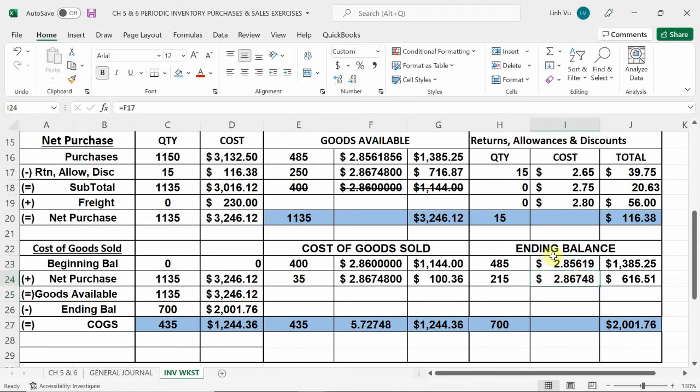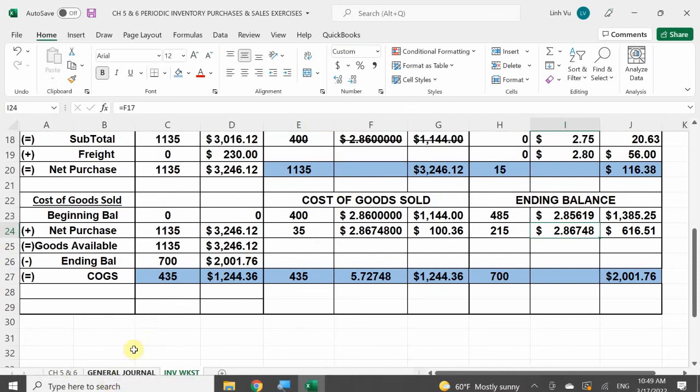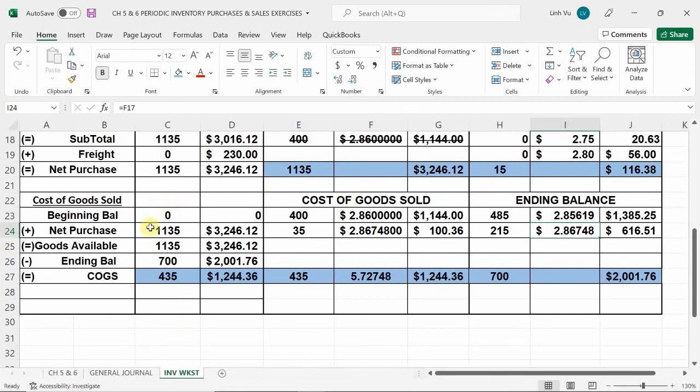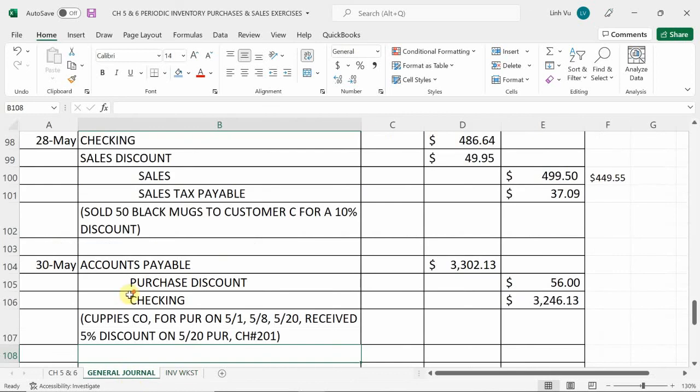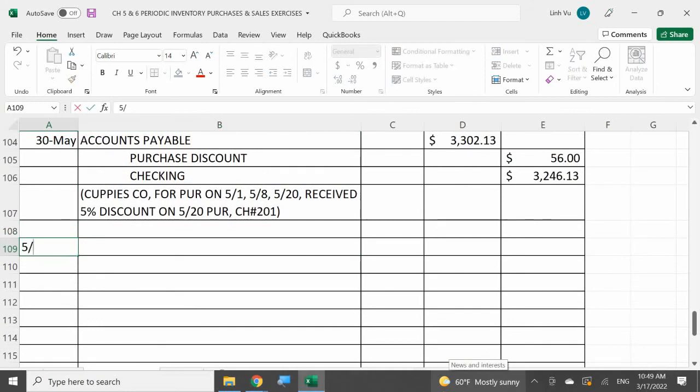Okay. So now that I have this, last but not least, I need to do my conversion entry. I need to convert my purchases into inventory. Let's go ahead and figure out what I need to put here. So it is May 30th. What should I be recognizing?